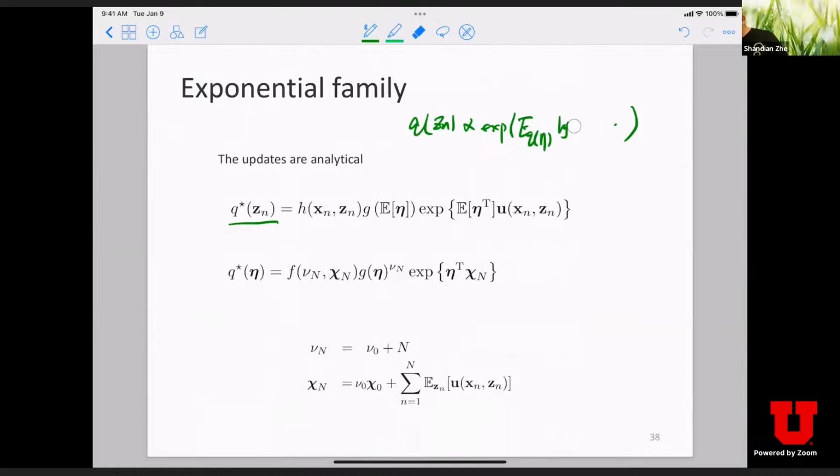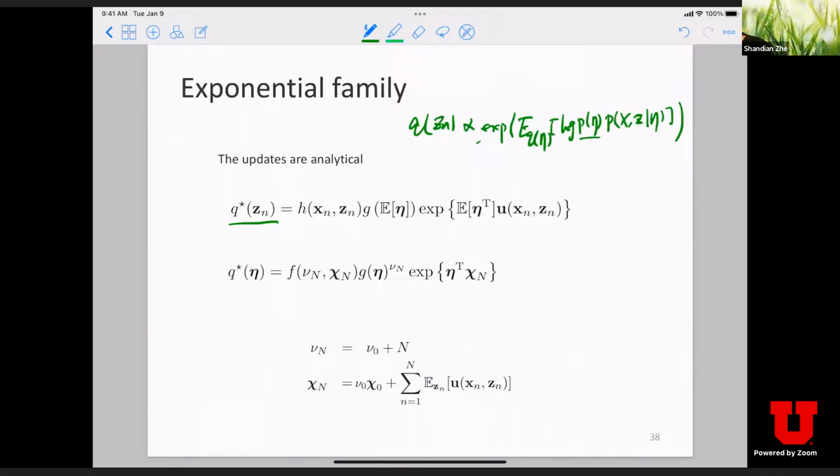Let me write this more clearly. You have log P of eta plus log P of X and Z given eta. As we just mentioned, P of eta doesn't contain Z n at all, so it's just a constant. You can throw it away because this is proportional; if we do the normalization, it will contain log P of eta as well, so they are going to cancel out.